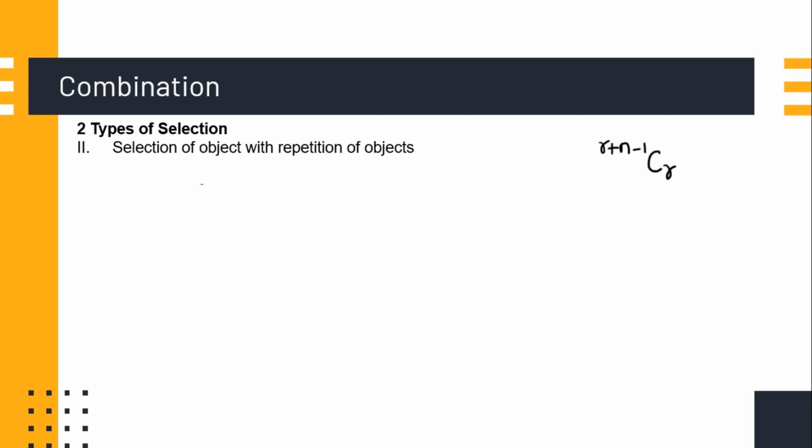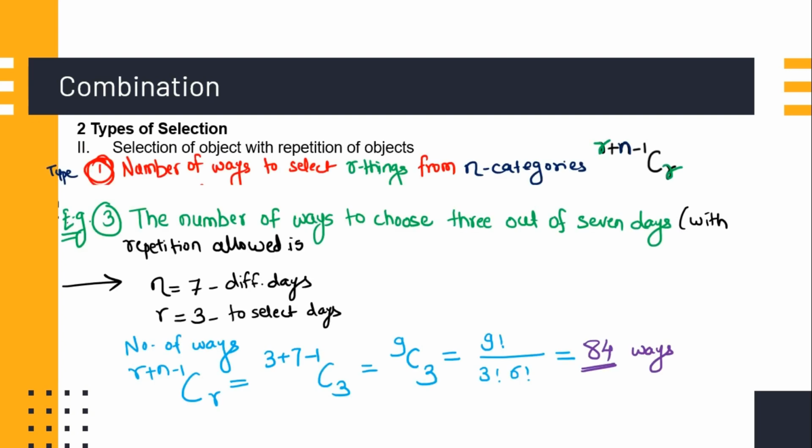Let's take one example for this category. How many ways are there to choose 3 out of 7 days with repetition allowed? Now the different days will be our value of N, means the categories you have for this problem. So N is 7, and how many things we have to select, that is 3.